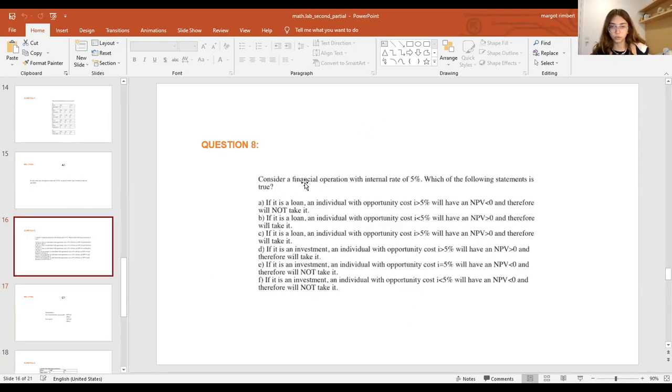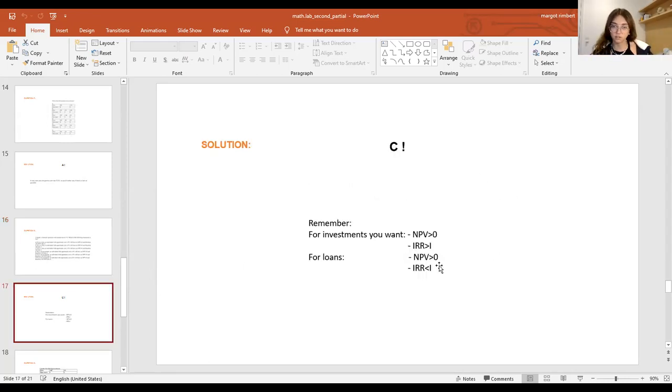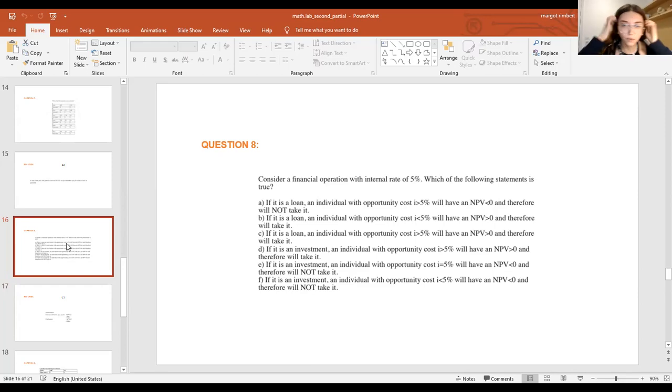So then if you go back to the different possibilities here, you were saying A is not possible because it says if it's a loan, an individual opportunity cost greater than 5 will have an MPV negative, and therefore you will not take it.